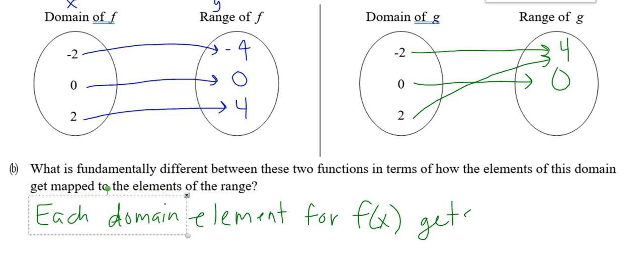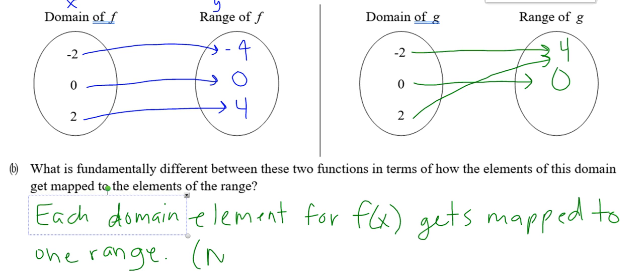gets mapped to one range value. Just one range. There are no outputs that repeat. That's very important.